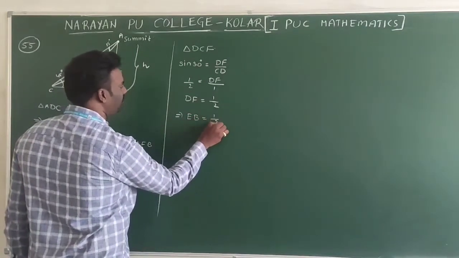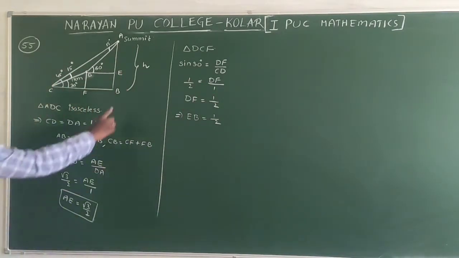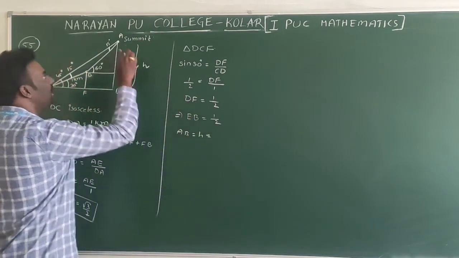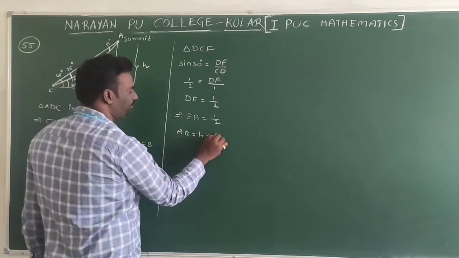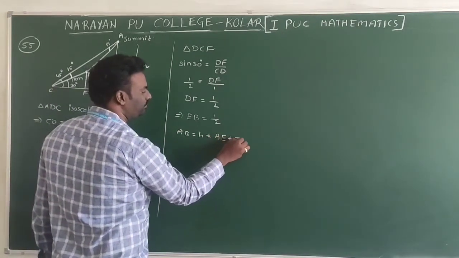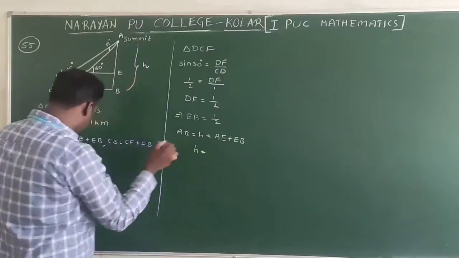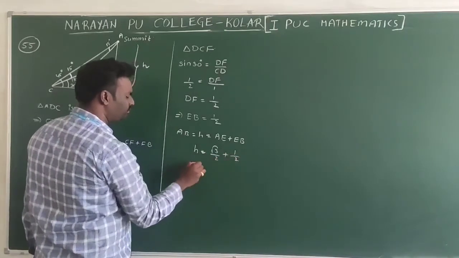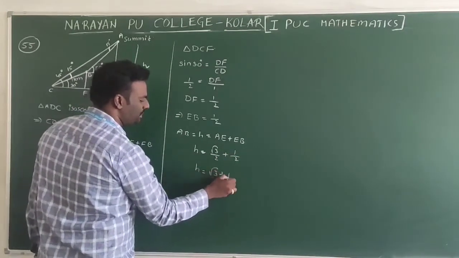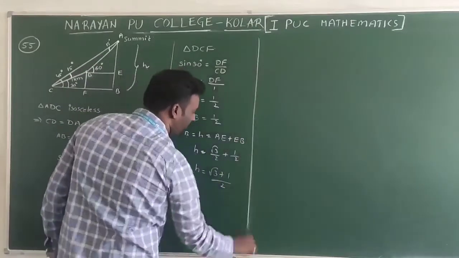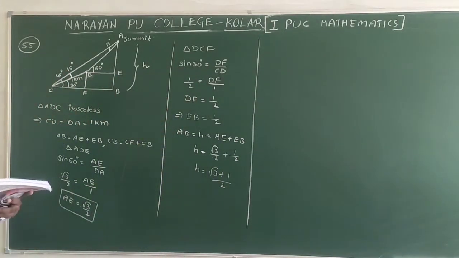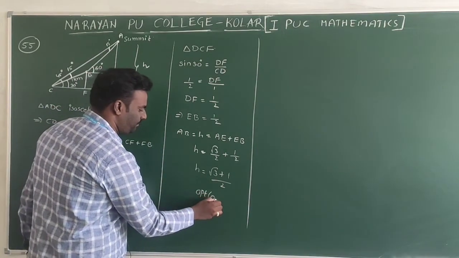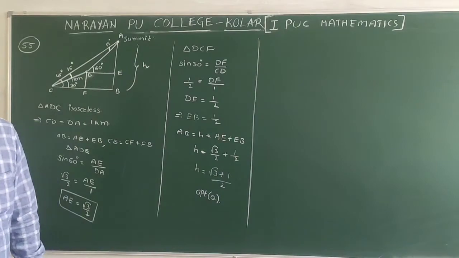EB equals 1 by 2. But here we require the height. This height AB I can write as AE plus EB. Then the AE value is root 3 by 2 plus 1 by 2. Therefore, the answer is root 3 plus 1 by 2 is the height of the mountain. That is nothing but question 55, option A. Okay, right.